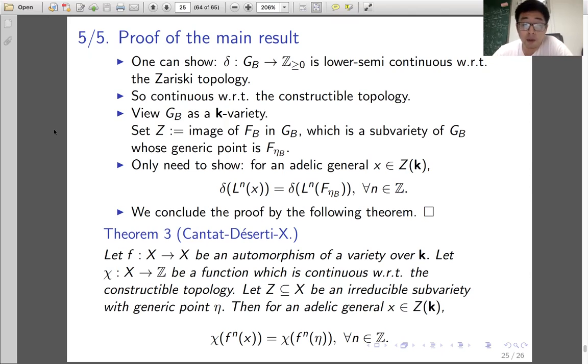Let Z in X be an irreducible subvariety with generic point η. Then for an adelic general x in Z(K), χ(f^n(x)) equals χ(f^n(η)) for every n in Z.